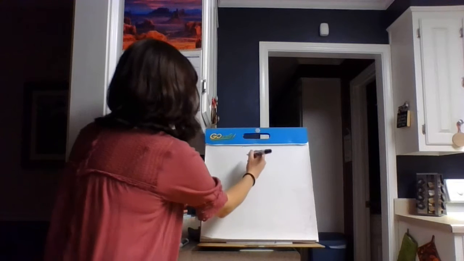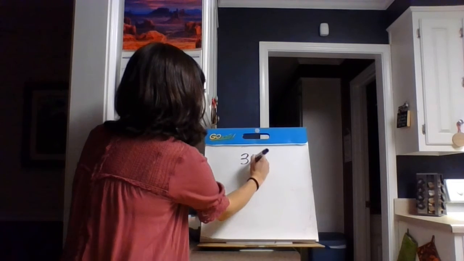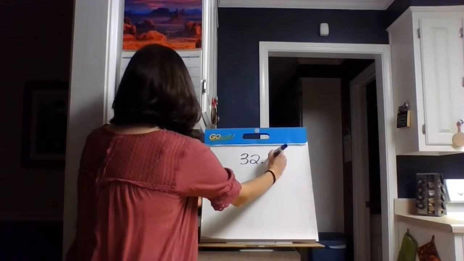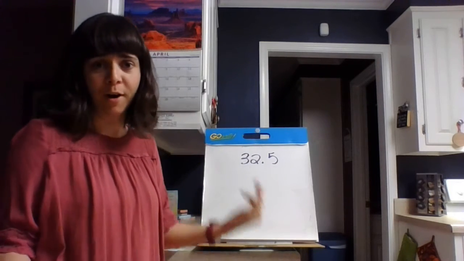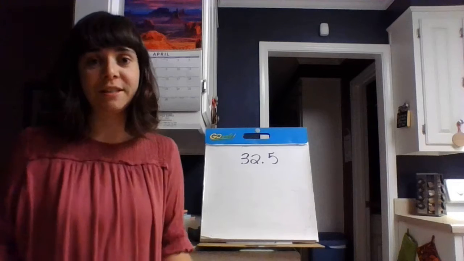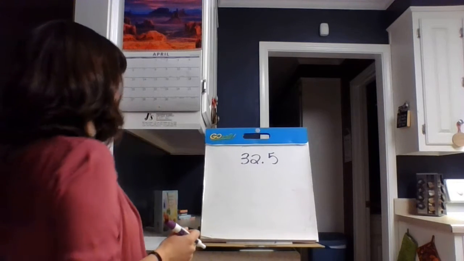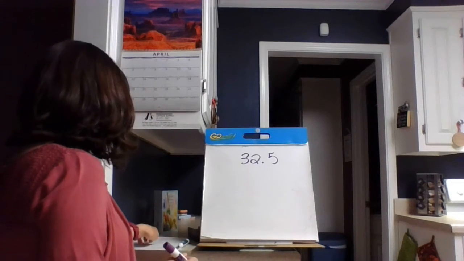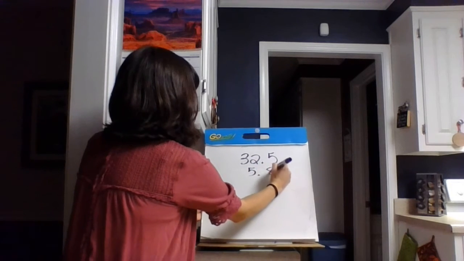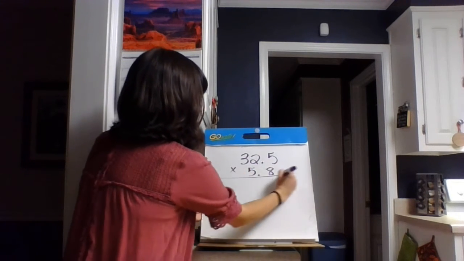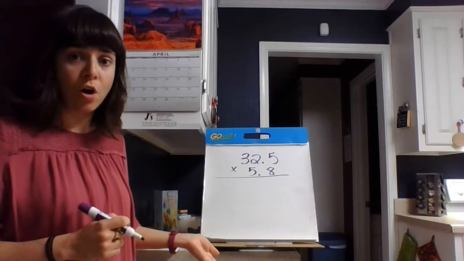So she has a bunch of bags of Cheez-Its, and each bag has 32.5 crackers, because sometimes they break, or there's a problem maybe at the factory and the Cheez-It got split into 2 different bags. So she has 32.5 Cheez-Its per bag, and she has 5 and 8/10 bags of Cheez-Its. We want to know how many she has in all.